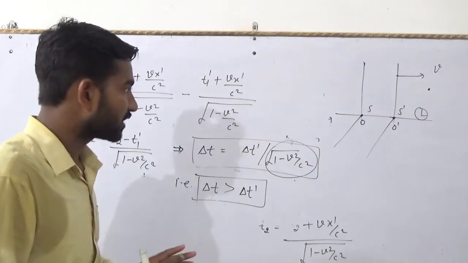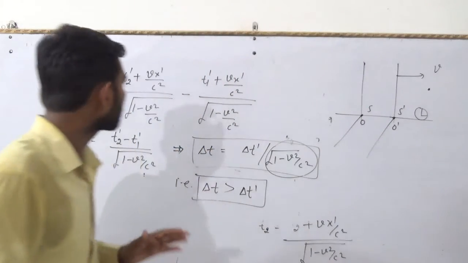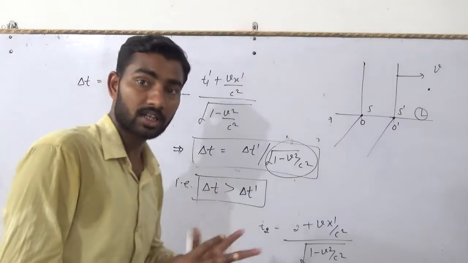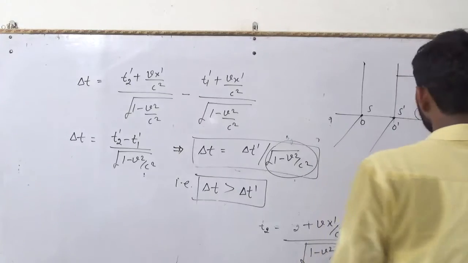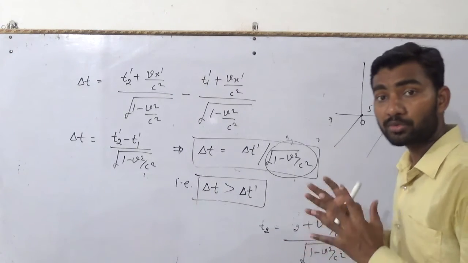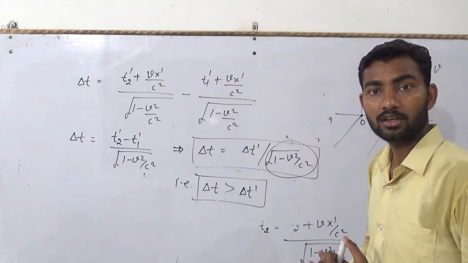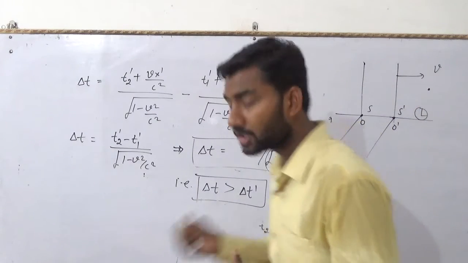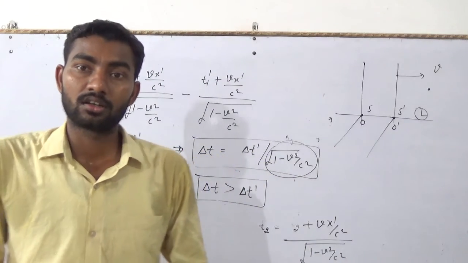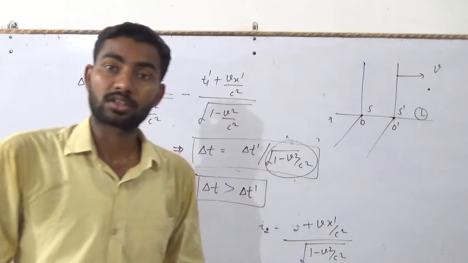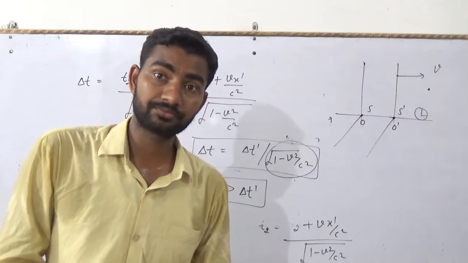Friends, this is a very important result of this topic, time dilation. What is the effect? The effect is that the moving clock appears slow. This effect is known as time dilation. Friends, I hope all of you have understood time dilation completely.